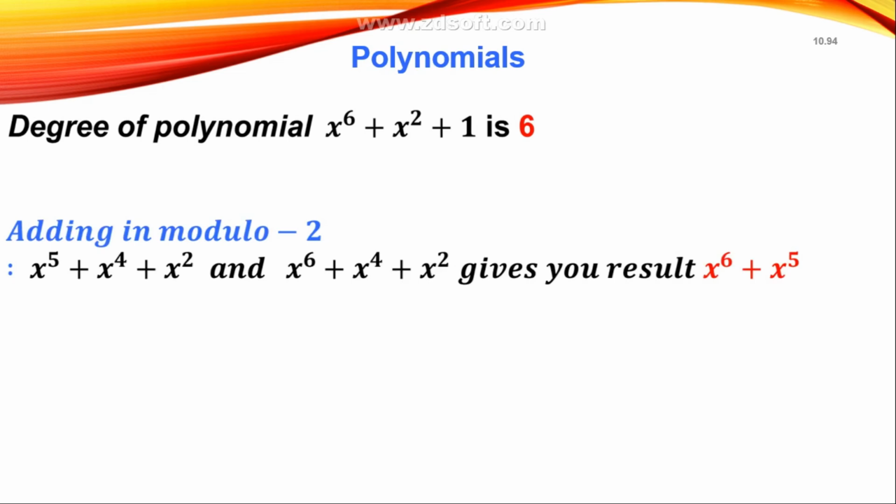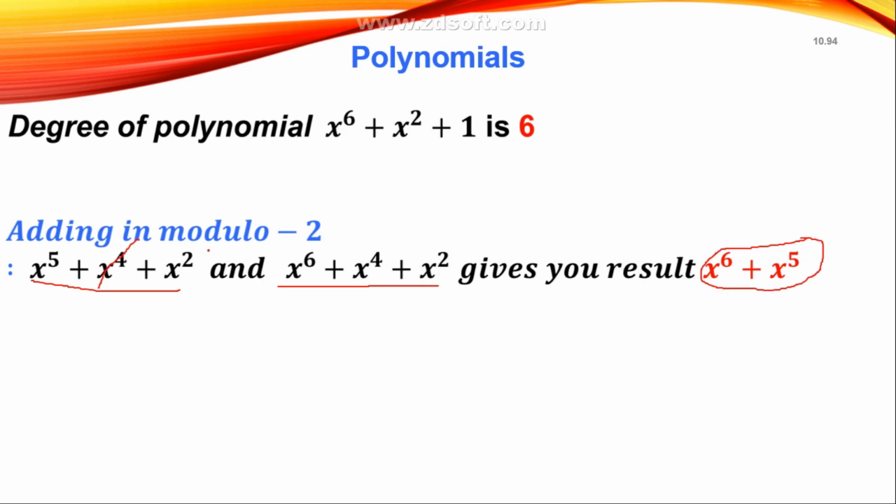If you want to do the addition of polynomials, which you already know, but suppose you want to do modulo 2 addition, and suppose you have these two equations, x raised to 5 plus x raised to 4 plus x raised to 2, and x raised to 6 plus x raised to 4 plus x raised to 2, and you want to perform the modulo 2 addition. The modulo 2 addition would give you just x raised to 6 plus x raised to 5.